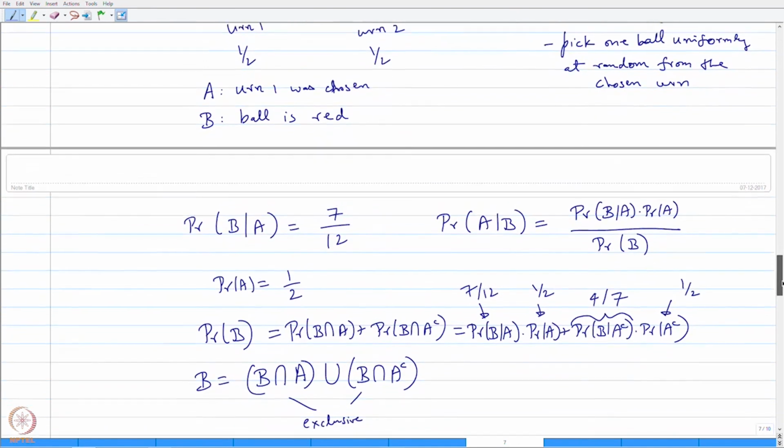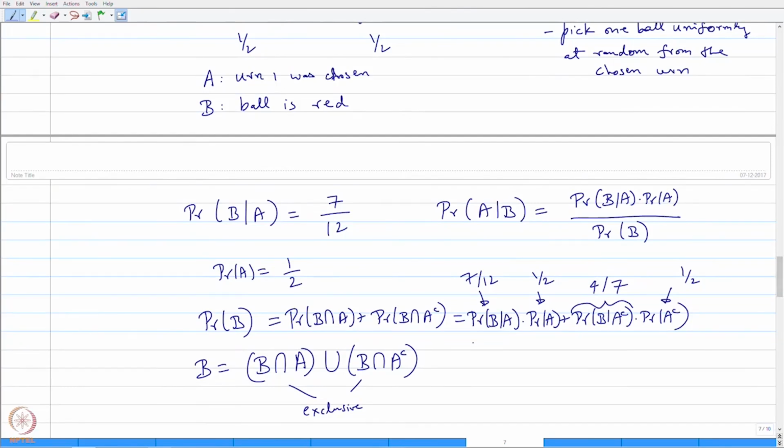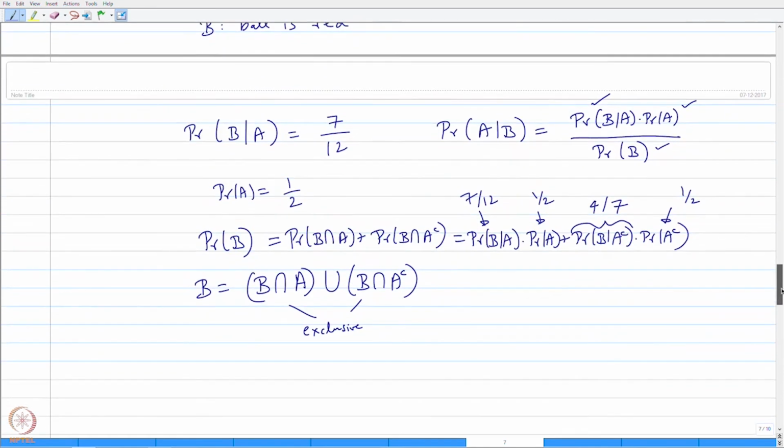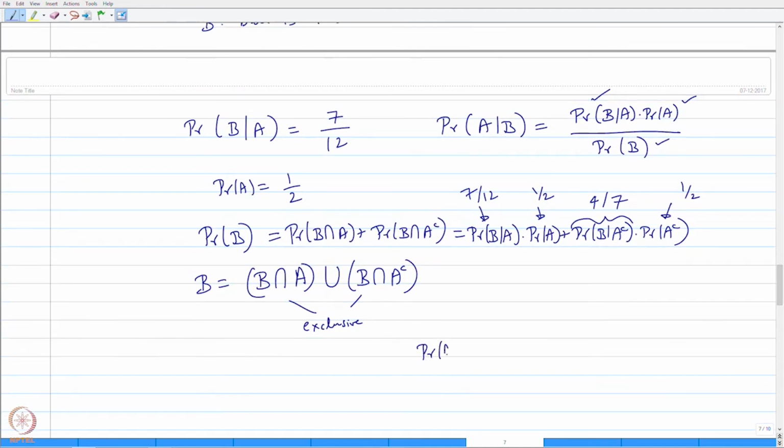So this calculation works out as follows. If we know probability of B, probability of A, and probability of B given A, we can find probability of A given B. Probability of A given B is 7 by 12 times 1 by 2, divided by 7 by 12 times 1 by 2 plus 4 by 7 times 1 by 2.